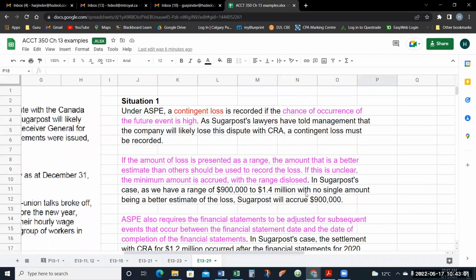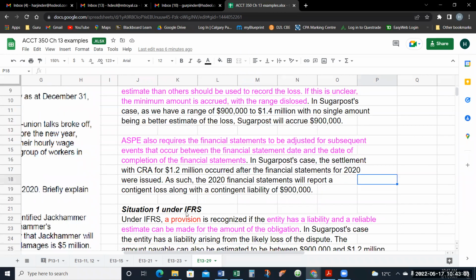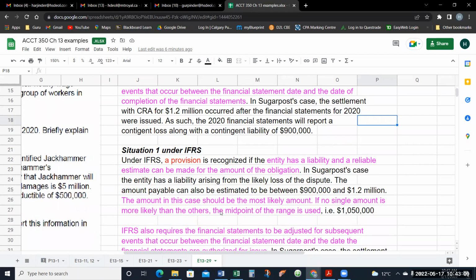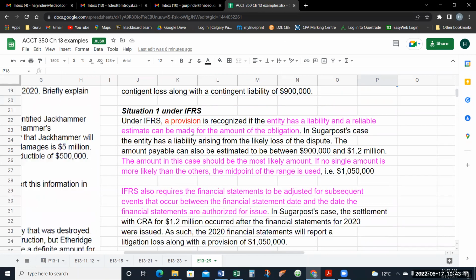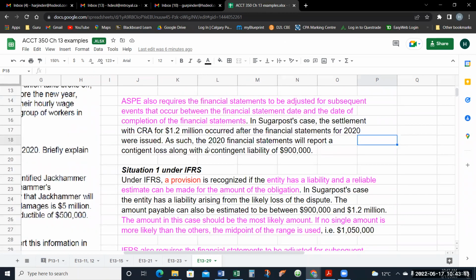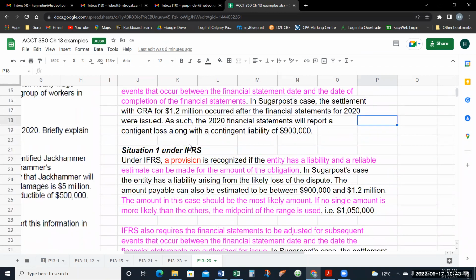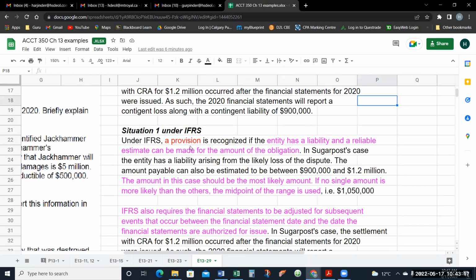Now, what would happen if we were following IFRS? The same facts, if we were following IFRS, then under IFRS, the terminology is not contingent loss. The terminology used under IFRS is a provision, okay? Under IFRS, a contingent liability is not recorded, but the terminology that we use in IFRS is a provision.